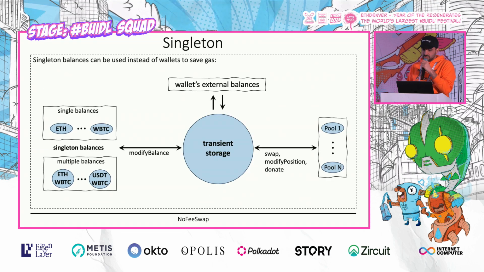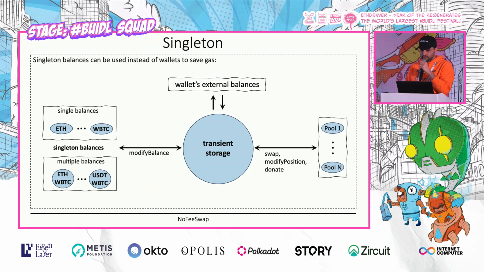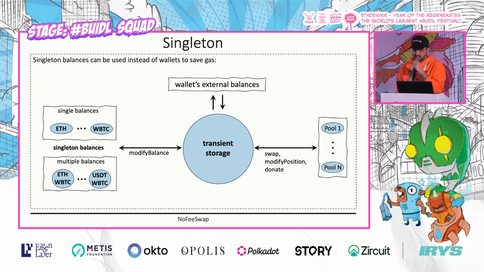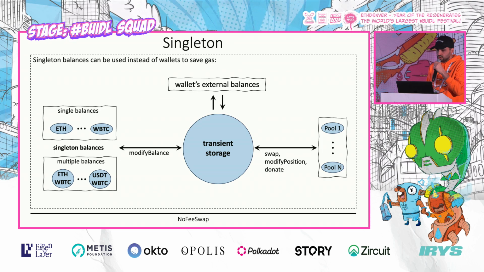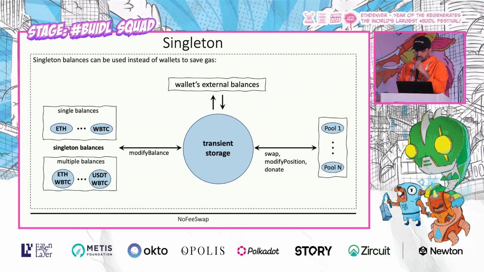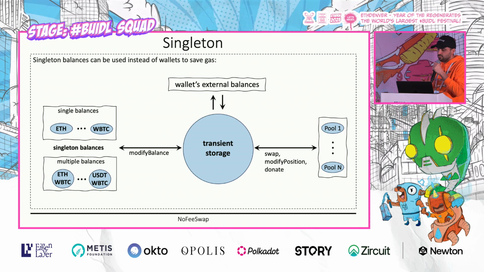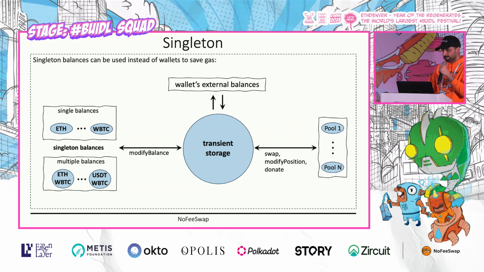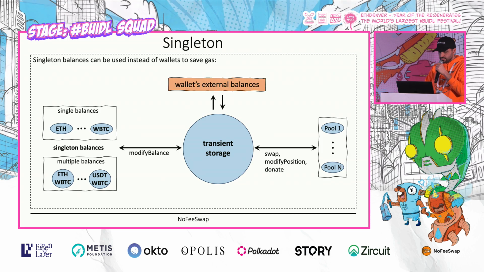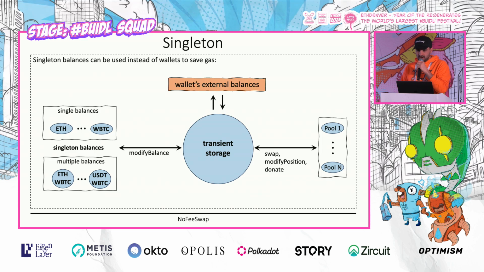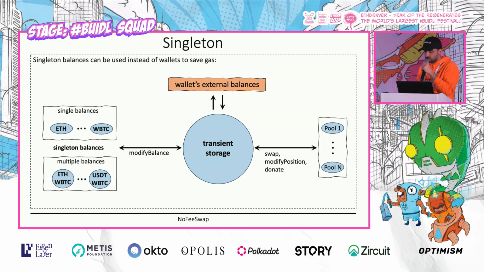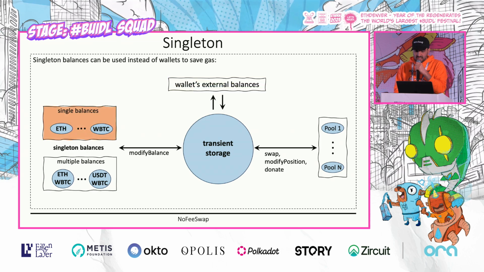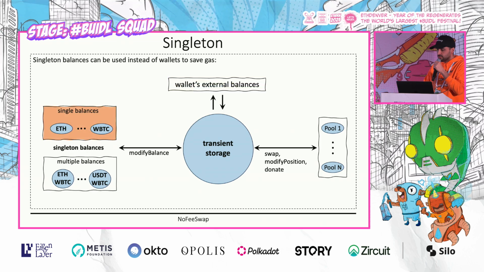Next, we are going to cover some of the singleton features. To further reduce gas cost, the singleton can be used instead of wallets. We are also allowing accounts to store multiple balances in one storage slot to further save gas. You can transfer money from your wallet to the singleton contract and receive multi-token credit. And these balances are much cheaper to interact with.